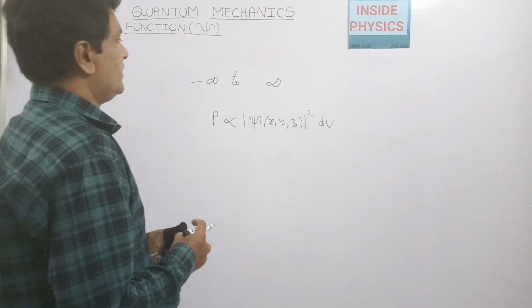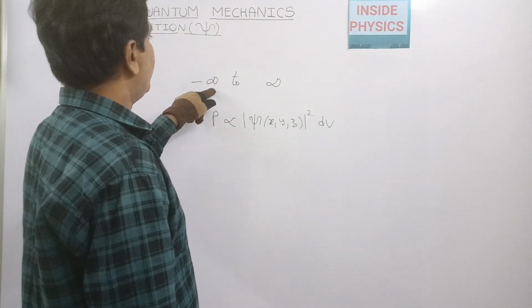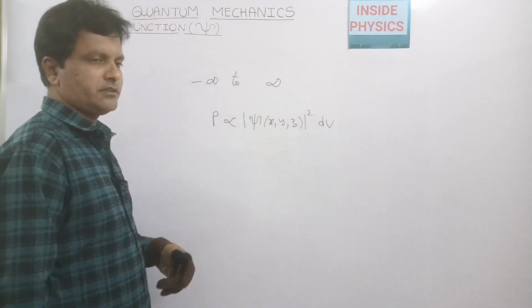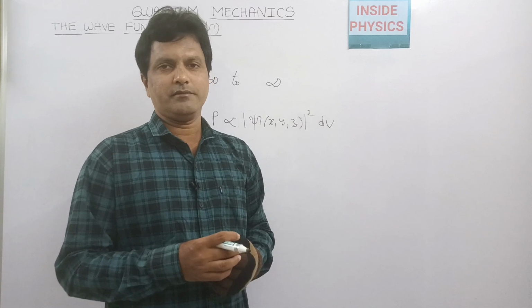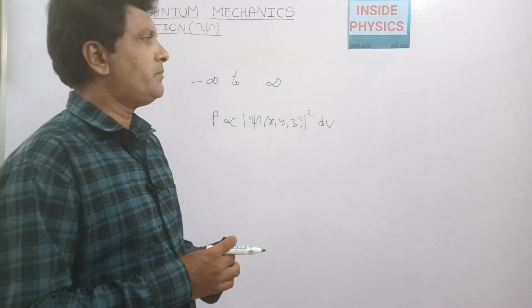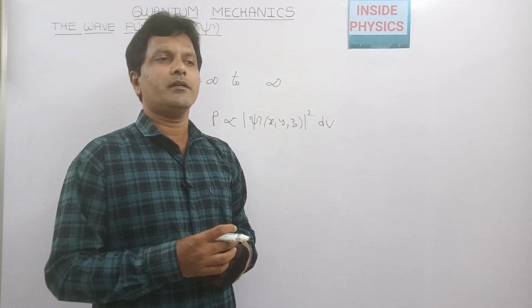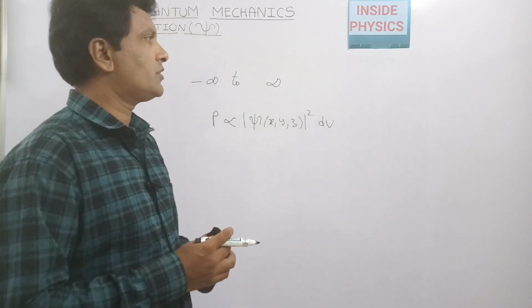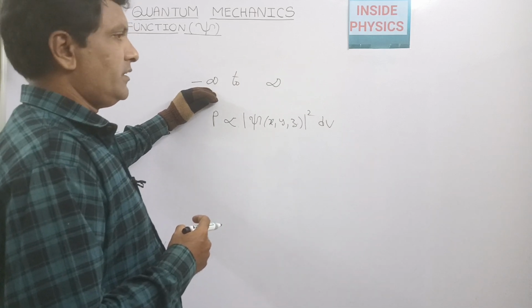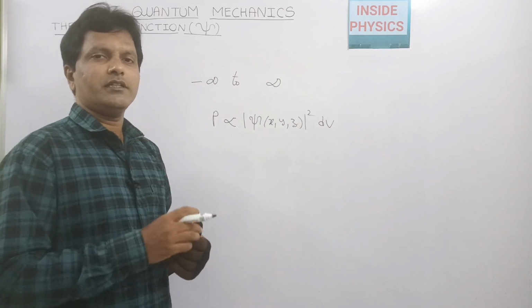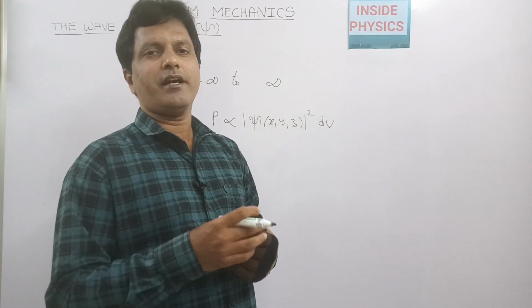Now I said the probability of finding the particle is between minus infinity and infinity. All microparticles or atomic particles are associated with matter waves as per the de Broglie hypothesis, as they are in continuous motion. So if there is a chance of finding a particle in the entire space, the probability is definitely 1, because it is certain that we will find the particle.